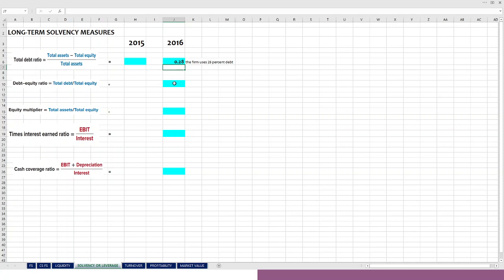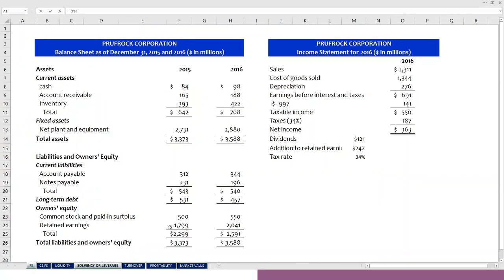Then the next thing we have is the debt equity ratio. Debt equity ratio, this is equals to total debt again. Don't forget we say is total asset minus total equity. Total asset is this minus total equity, which is this. So we divide it by debt equity divided by equity.